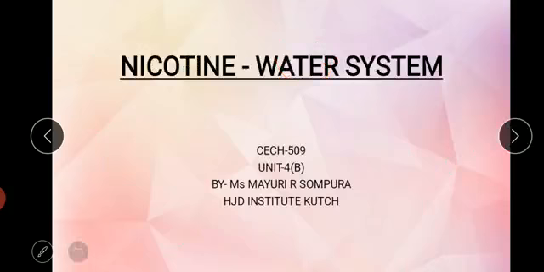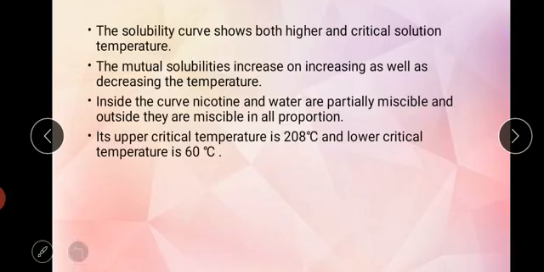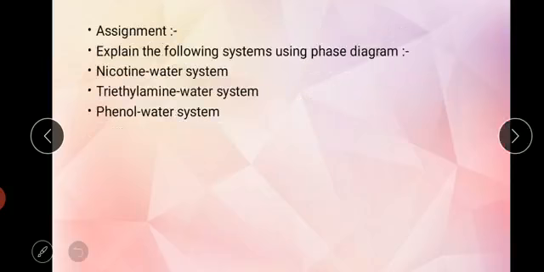But for the nicotine and water system, even if you increase the temperature or you decrease the temperature, they will be giving us a single phase, and between these two temperatures, that is 208 degrees Celsius and 60.8 degrees Celsius, they will be giving us immiscible phases, whereas outside this range they will be giving you a single phase.